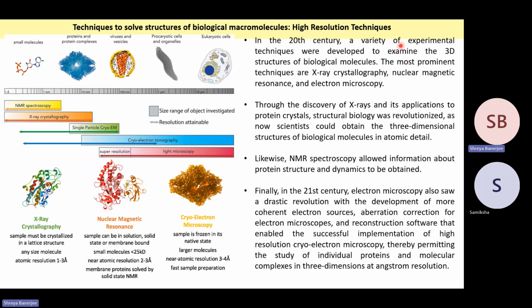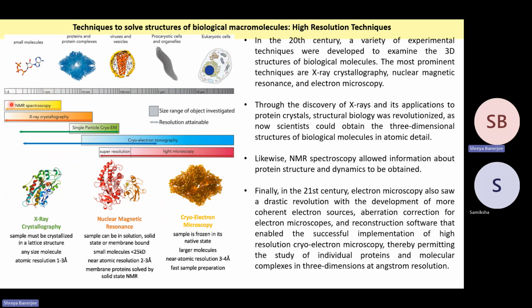So in the 20th century, a variety of experimental techniques were developed to examine the 3D structure of biological macromolecules. The most prominent techniques are X-ray crystallography, NMR or nuclear magnetic resonance, and electron microscopy. So you can see here, you can have eukaryotic cells which are in the range of 10 micrometer size, all the way to small molecules in the range of angstrom to 1 nanometer size.